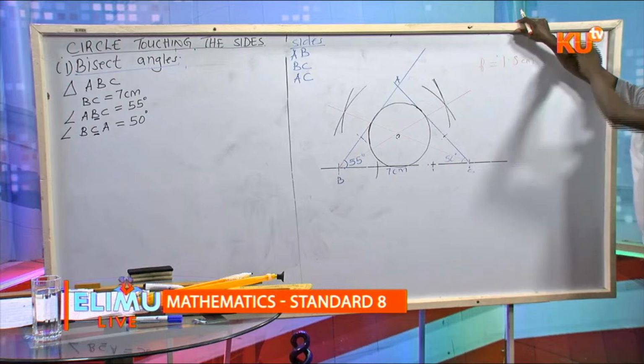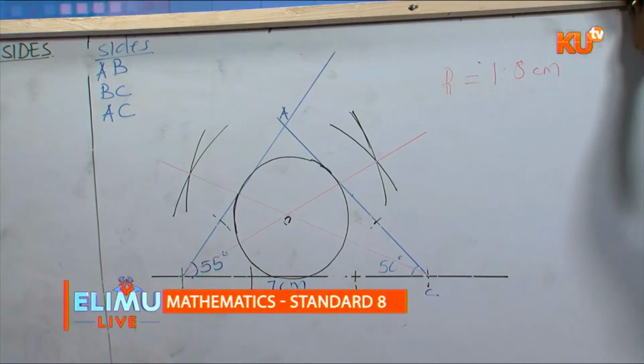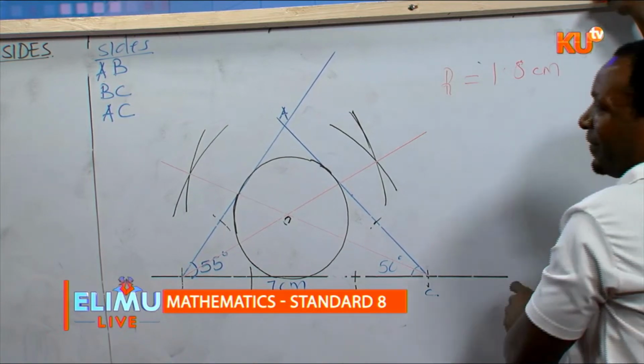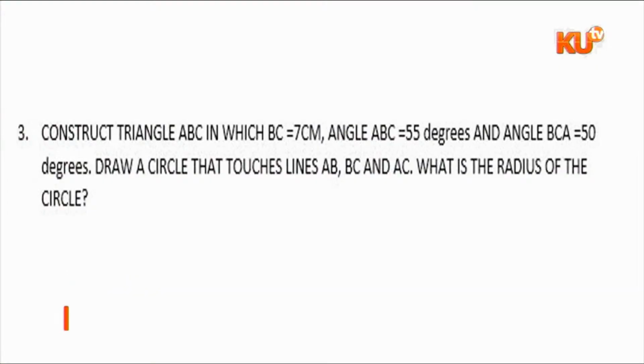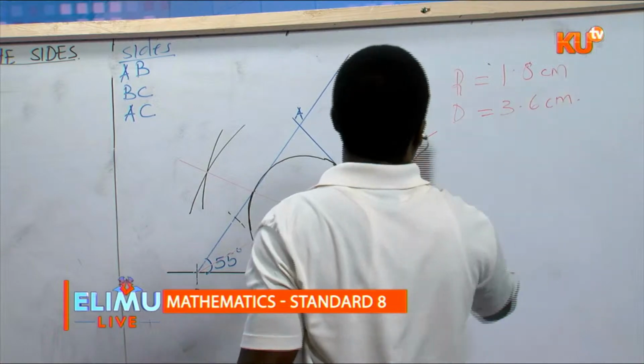So our radius here is 1.8 centimeters, meaning that our diameter will be 3.6 centimeters.